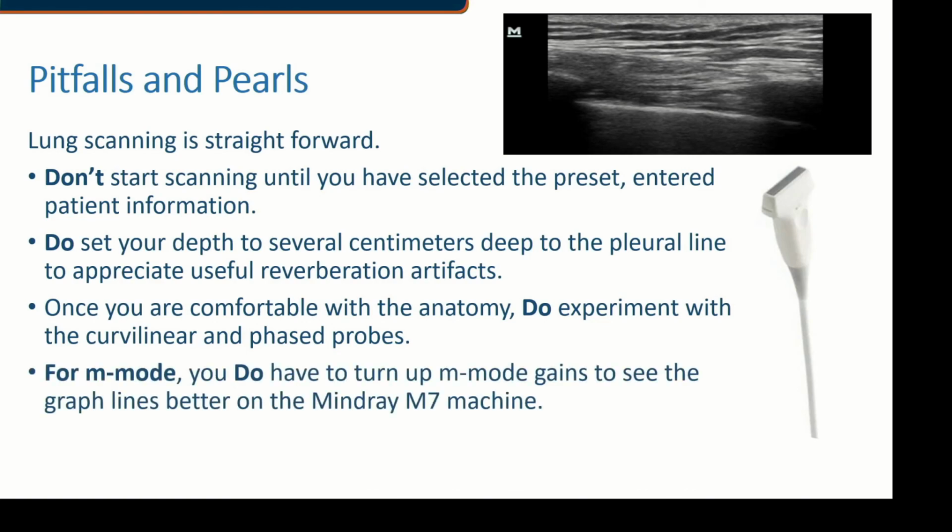For your M mode, you do have to turn up those M mode gains. As you saw when I turned on the M7, its default for those M mode lines was pretty low. So just be aware that the minute you engage M mode, you might want to go ahead and start cranking up your grayscale.